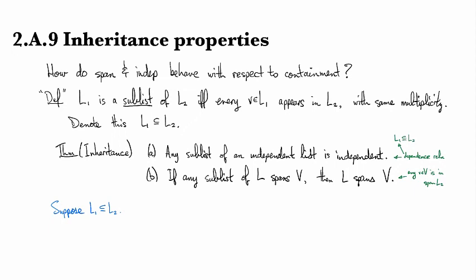Okay, then the first one says if the larger one is independent, it implies that the smaller one is independent. And the second one says that if L1 spans V, then L2 spans V.